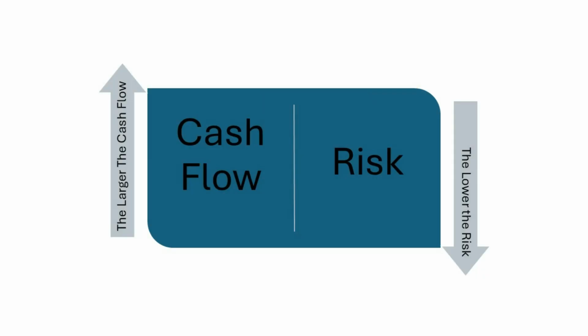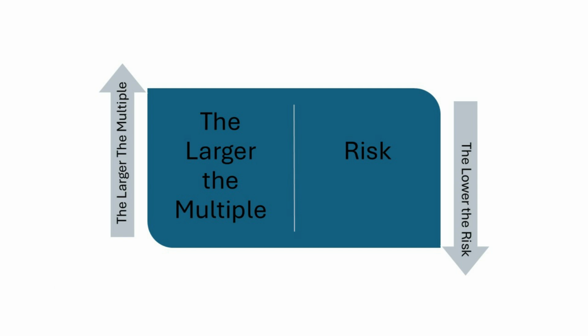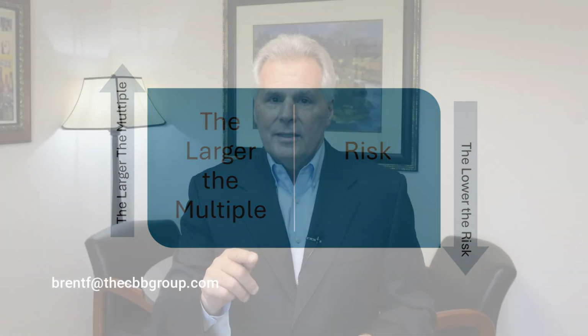Because multiples, whether on an SDE or an EBITDA, are really a reflection of the risk associated with the transaction. And size matters. The larger the cash flow, generally speaking, the lower the risk in the transaction, and with a lowered risk profile, you usually get a higher multiple. But let's dive into an example.